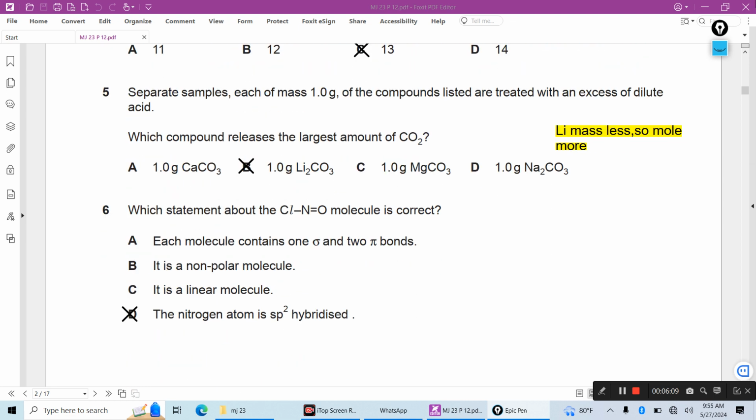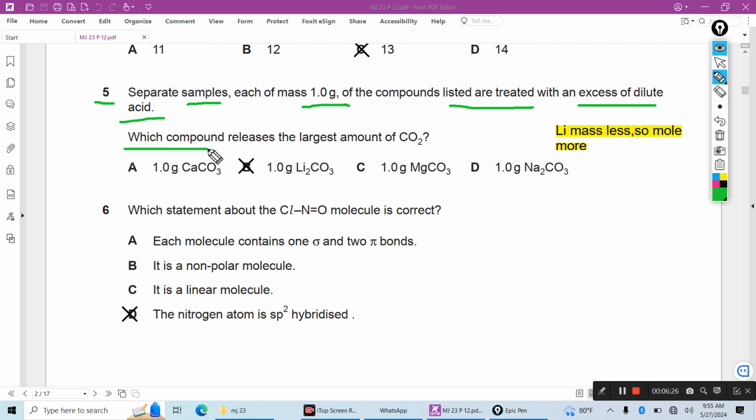Next, number 5: separate samples each of mass 1 gram of the compounds listed are treated with excess dilute acid. Which compound releases the largest amount of carbon dioxide, meaning volume of carbon dioxide? Now you see 1 gram each of calcium carbonate, lithium carbonate, magnesium carbonate, sodium carbonate.